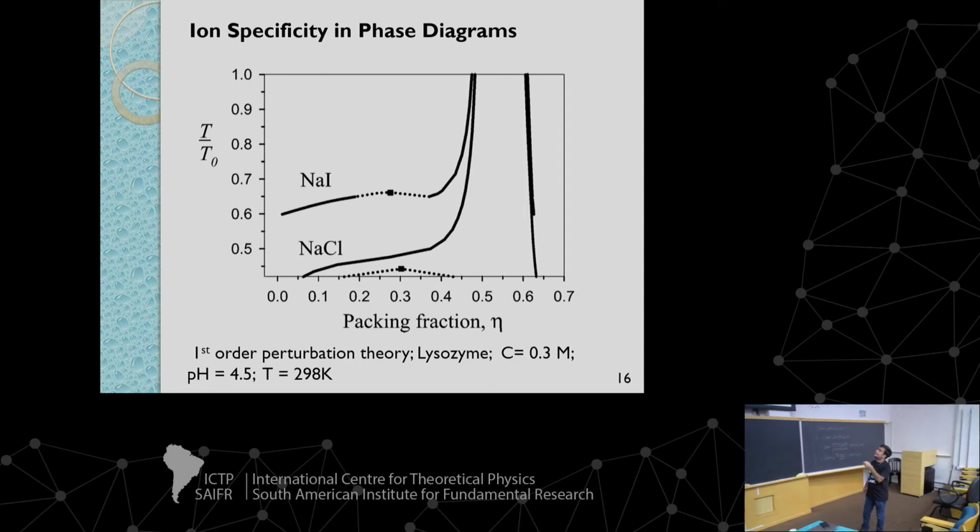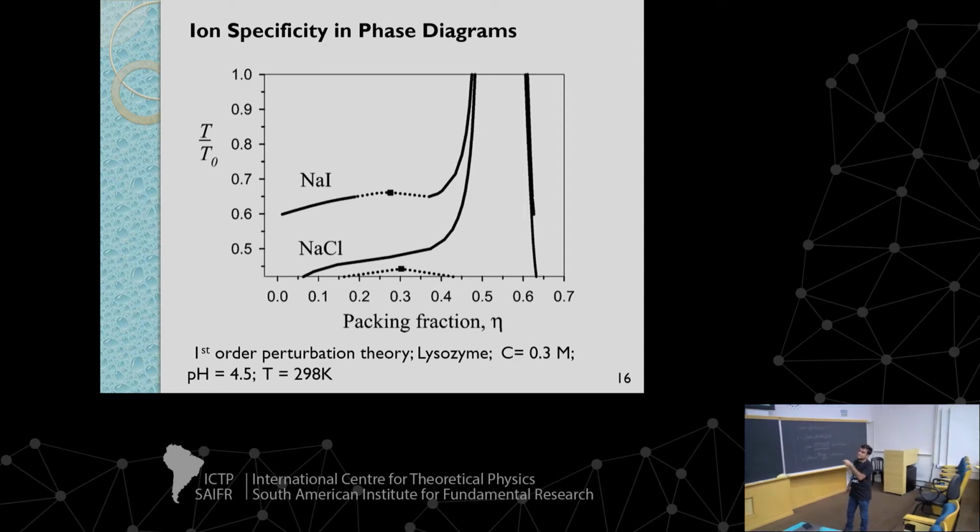And we can see here that we have, once again, ion specificity. Okay, so this is a solid-liquid-like equilibrium. If we take a temperature here, we have this liquid-like phase in equilibrium with the solid-like phase.